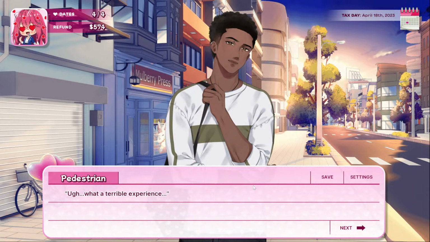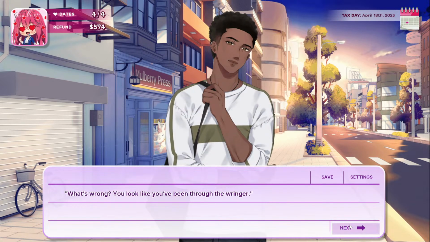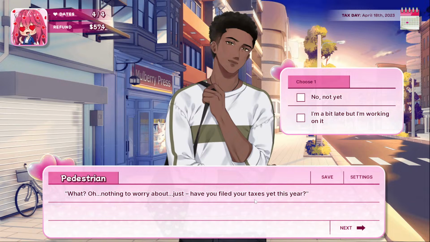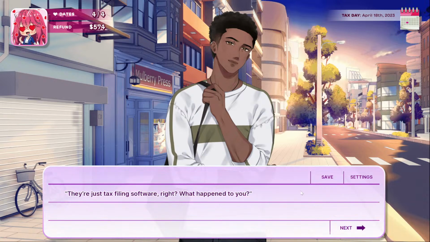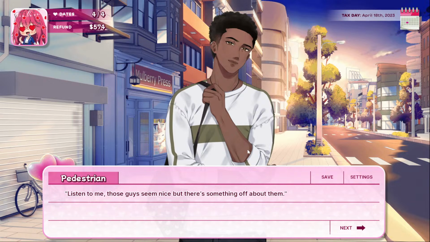Okay, finally someone else. What's wrong? You look like you've been through the wringer. Have you filed your taxes yet this year? Okay, well, trust me on this. If you're going to use a tax prep service, don't use TurboTax. Whoever made this game really hates TurboTax. Why? They're just tax filing software, right? What happened to you? Listen to me, those guys seem nice, but there's something off about them. Fishy for an industry to build itself up, specifically around gating a public branch of the government.